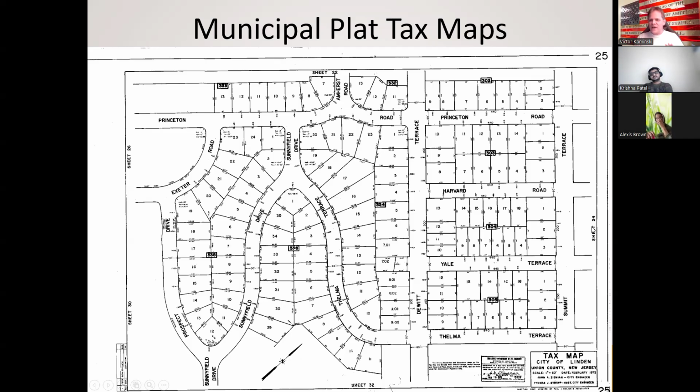It shows you how the different maps connect to each other to put together one large map of the entire area. But this is one small subdivision map of my section, for the next couple of blocks in the area. That's what a tax map looks like, or a subdivision map.